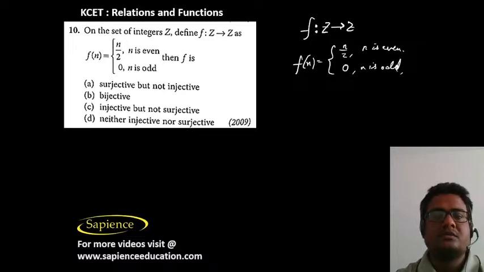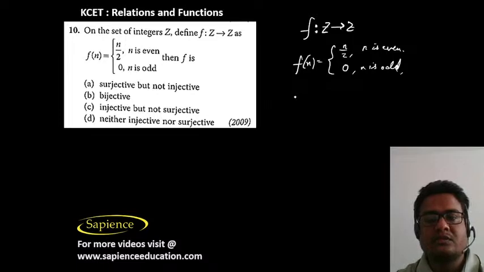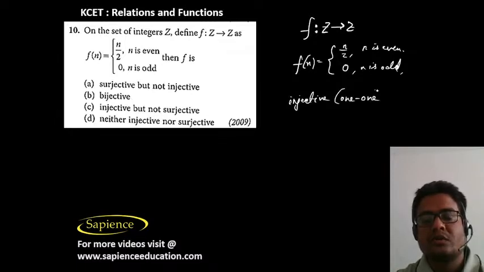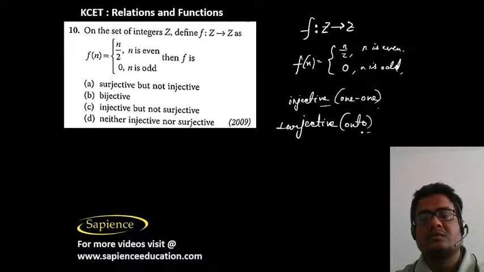Then the function f is surjective but not injective. So we have to check if it is surjective or injective. Injective means it is one-one. If it is a one-one function, then it will be injective. And surjective means it should be onto.